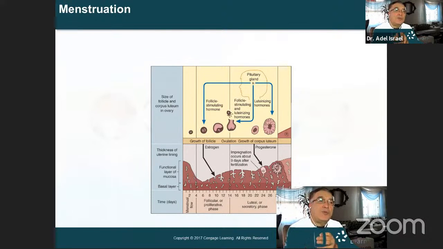The progesterone plays an important role after fertilization to keep the pregnancy going. So if we need to keep the pregnancy, we have to keep the level of progesterone within normal. But if the level of progesterone is not enough, maybe the pregnancy will not continue.